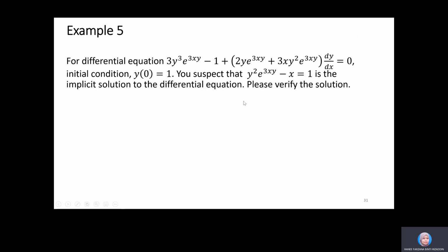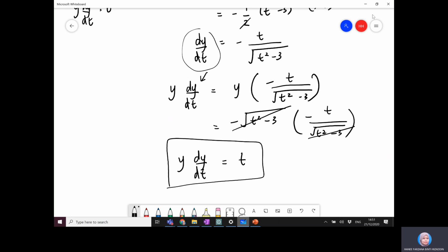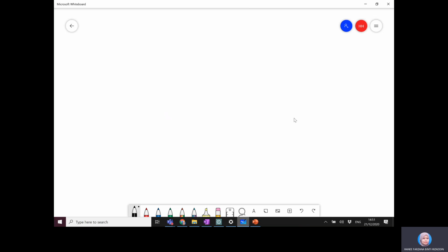You were made to suspect that this is the solution, but anyway, please verify whether this solution is indeed the solution to the differential equation given the initial condition. You can look at your notes and follow the steps, but let us just try to do it together.